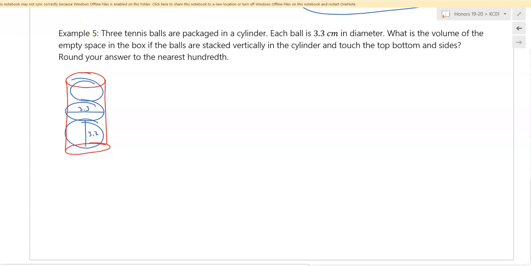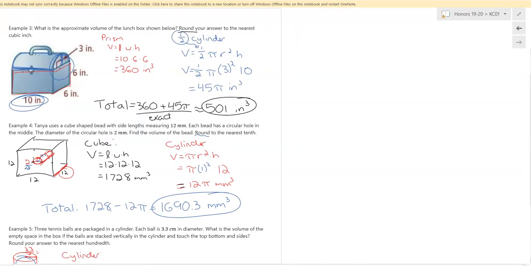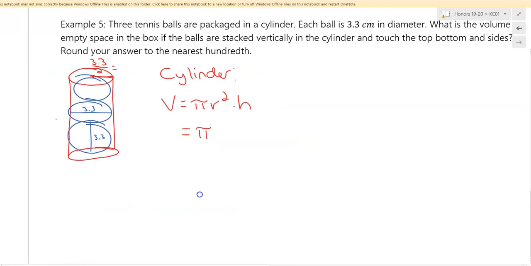So let's start with our cylinder. Volume equals pi r squared times height. Okay, well we want this distance here. But we can use the same idea that the tennis balls touch the edges, so space all the way across is 3.3. And if I do 3.3 divided by 2, we get 1.65.